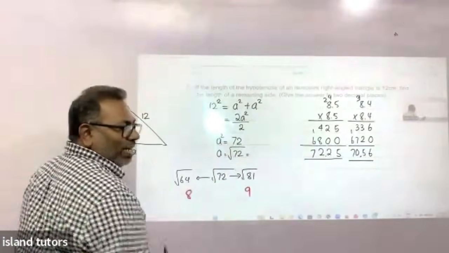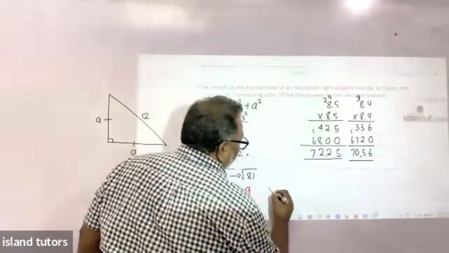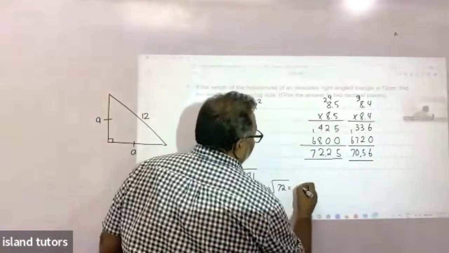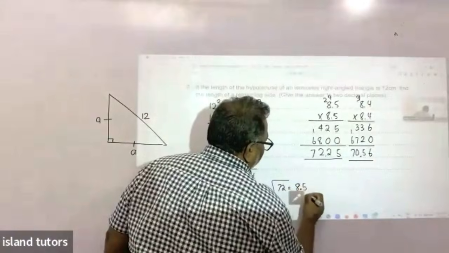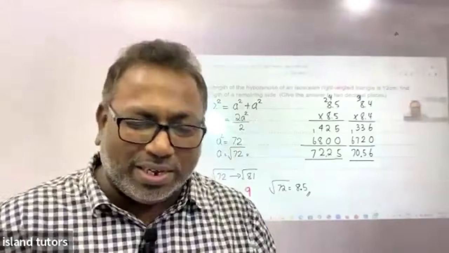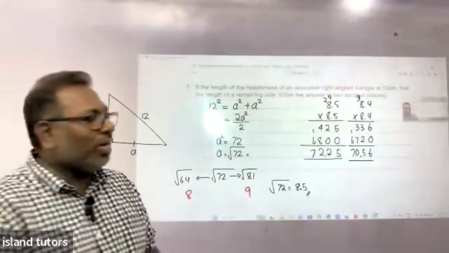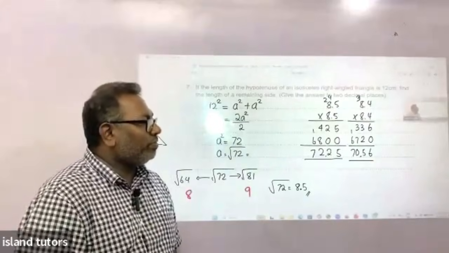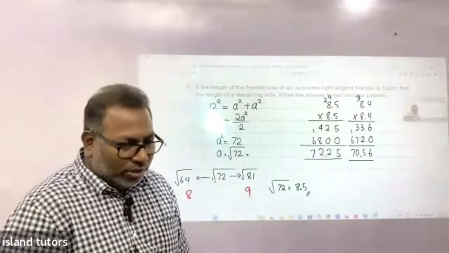So we'll just write it in one decimal place. So square root of 72 is 8.5. Actually, we should have done the division method, but we quickly took a shortcut to finish off. Okay, so 8.5. All right, good.